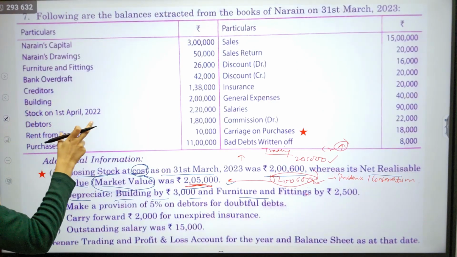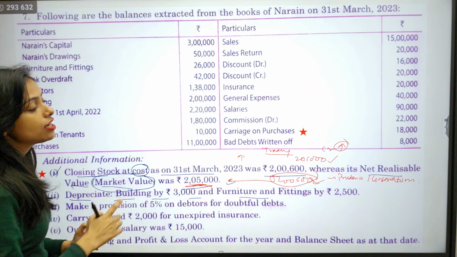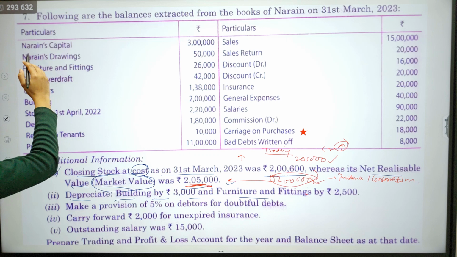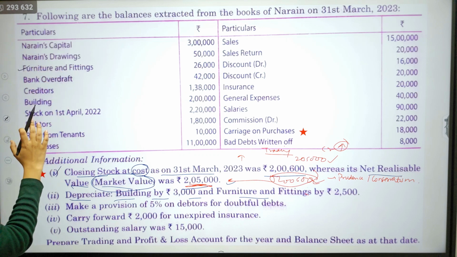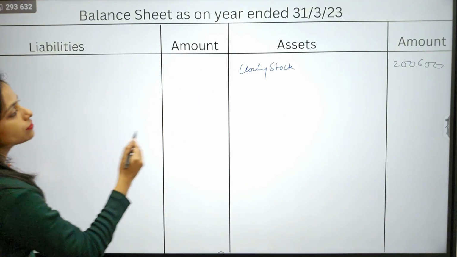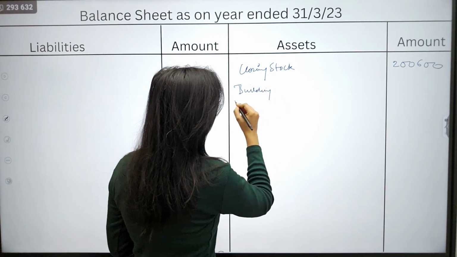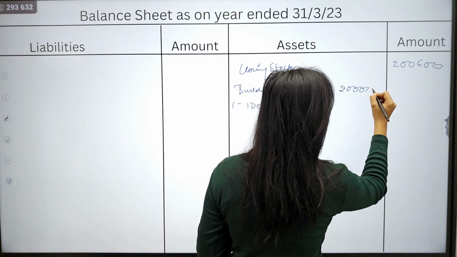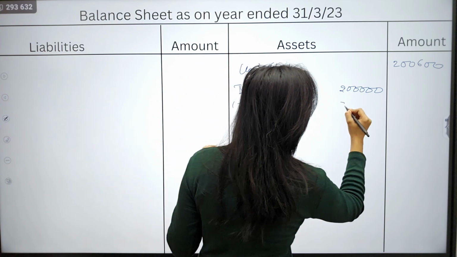Next, you will have to write the furniture and fittings and building from the trial balance into the balance sheet. So let's find it. Furniture and fittings is here. Where is plant and where is building? Building is here. Yes, 2 lakh rupees building we have. Building less depreciation: 2 lakh rupees building, and the depreciation on this was 3,000 rupees.